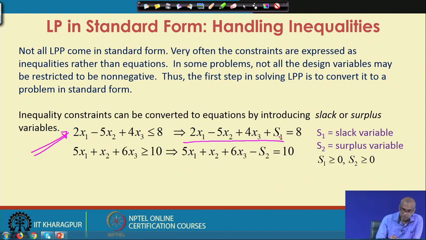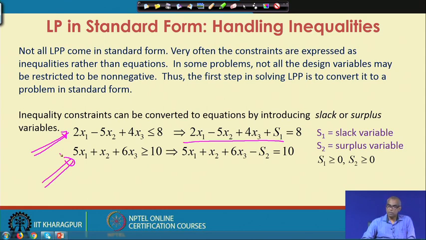Similarly, if I have a constraint of greater or equal to type, for example, 5x1 plus x2 plus 6x3 is greater or equal to 10. So, to make the left hand side equal to 10, I must subtract a part from the left hand side.